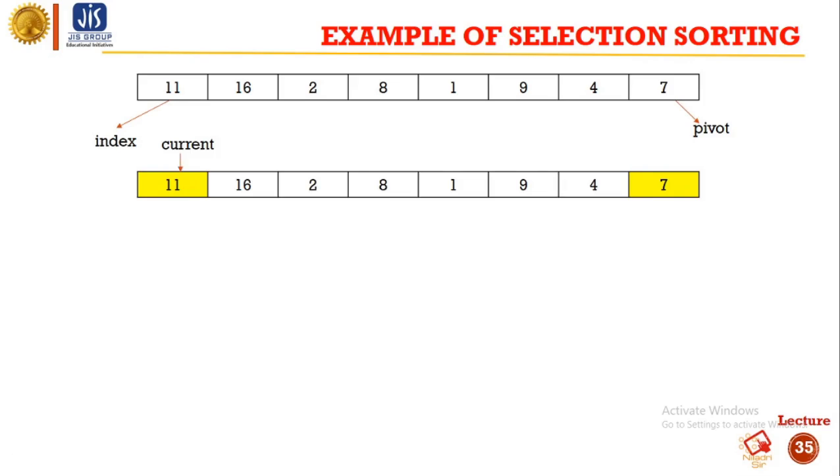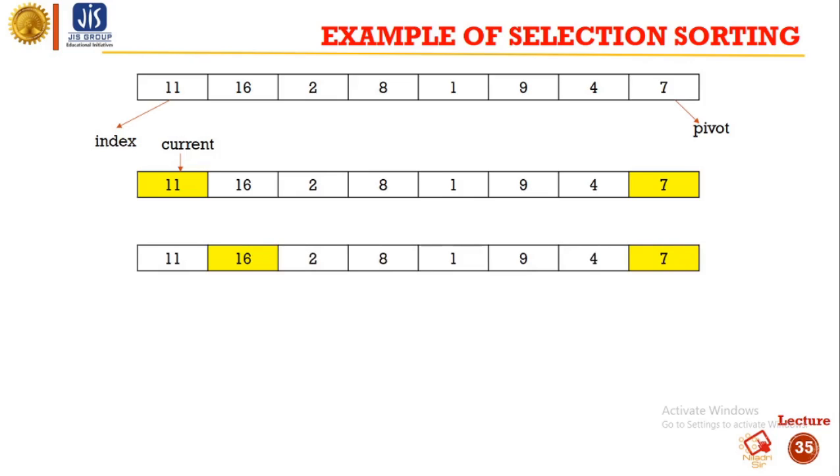First we will check whether the current element is greater than or less than the pivot element. If the current position element is smaller than the pivot element, then there will be a swapping between the current element and the index element. Here the current element is greater than the pivot element, so there is no exchange.